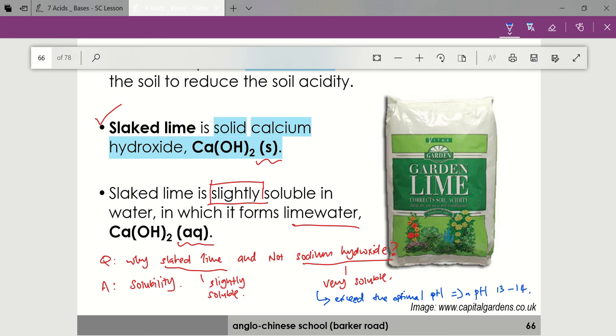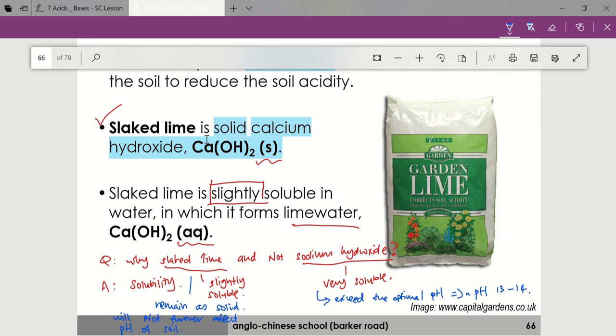And that is definitely not what we want. So the reason why we use a slightly soluble base like slaked lime is because of its solubility. Those that didn't react, those that didn't neutralize the pH of soil, will just remain as solid, and they will not further affect the pH of soil.